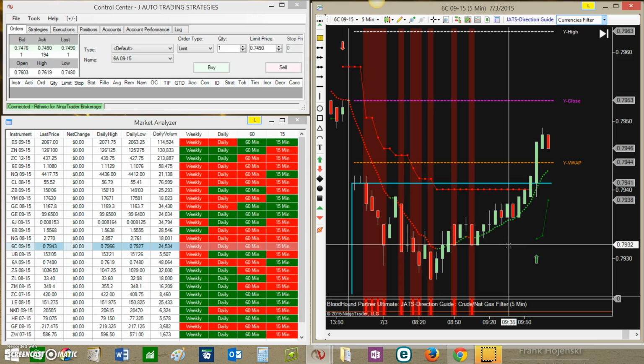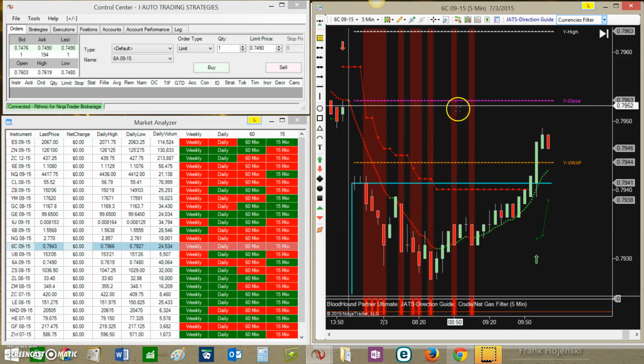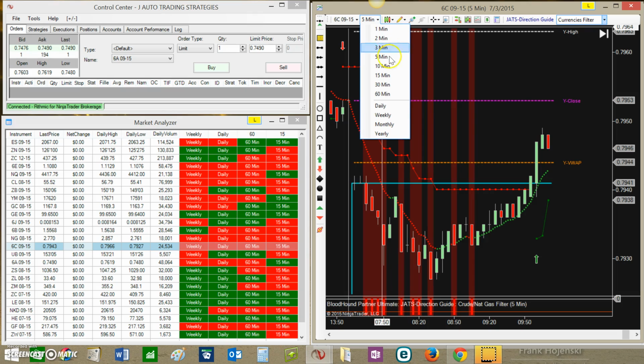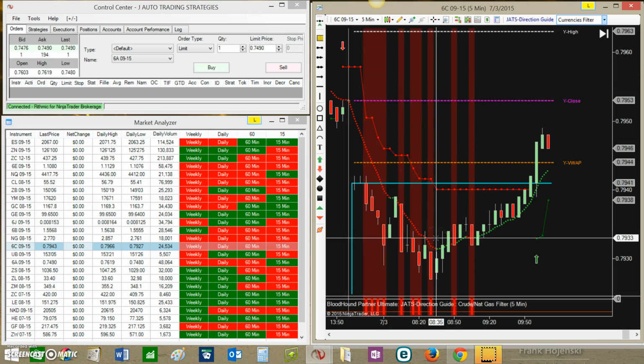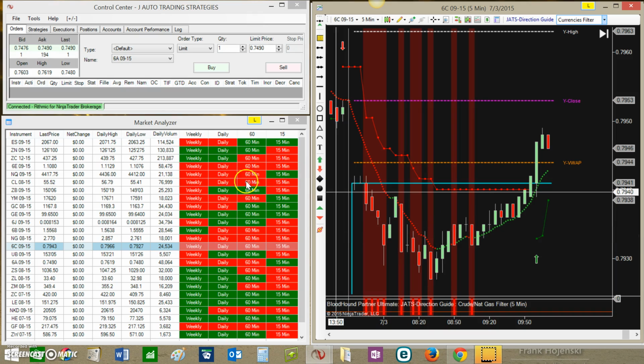We don't know how much we're going to get. We look to our higher time frame for support resistance and just need some other guidance to let us know how long to stick with a trend.